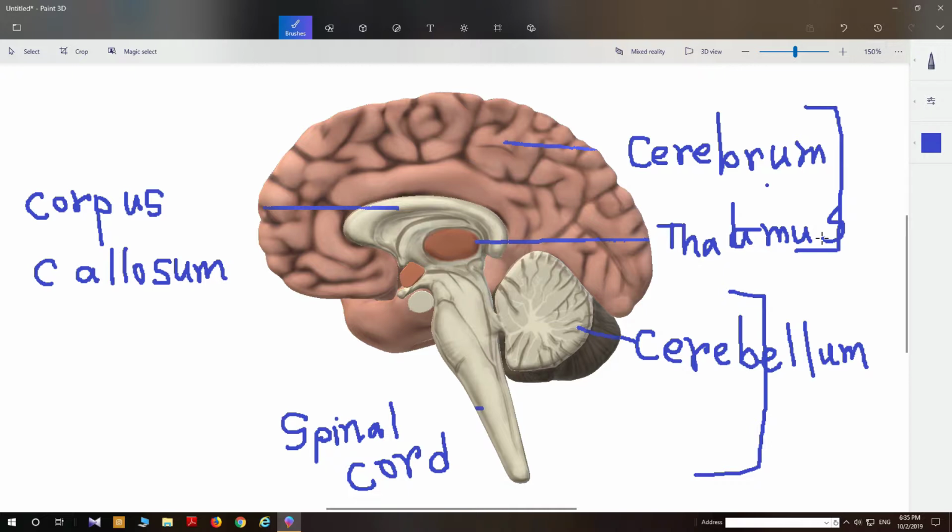So this is the midbrain. This is a middle place. You just remember it that way. Sometimes you will be smart, or you just try to remember your own idea. This is a midbrain.